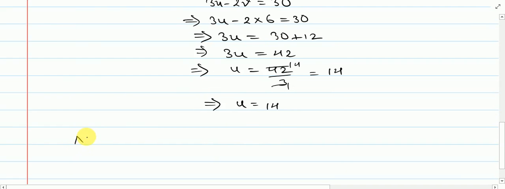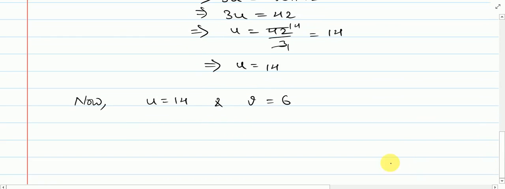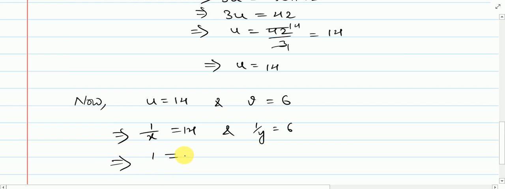Now u equal to 14 and v equal to 6, but u is what? 1 upon x. So in place of u I can write 1 upon x equals 14, and in place of v I can write 1 upon y. Now cross multiply, so you get 1 equal to 14x and 1 equal to 6y.